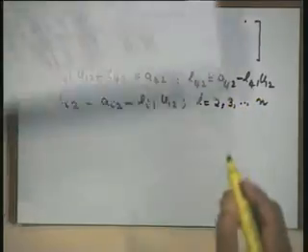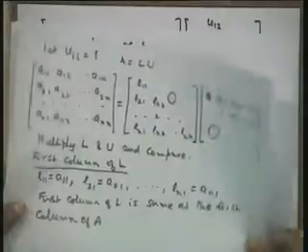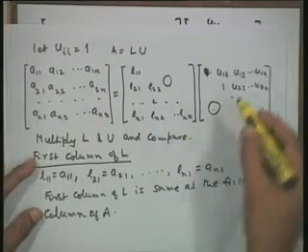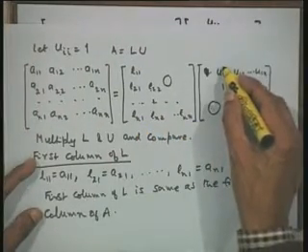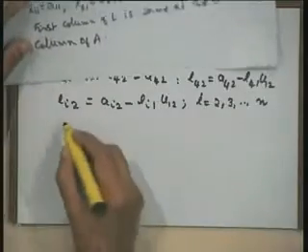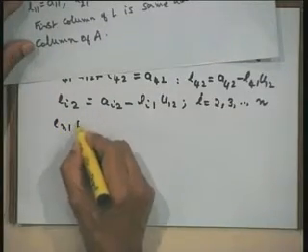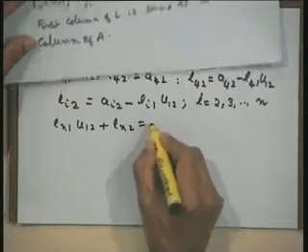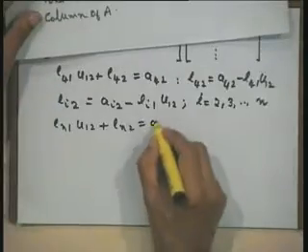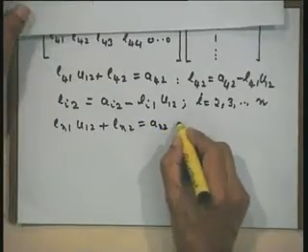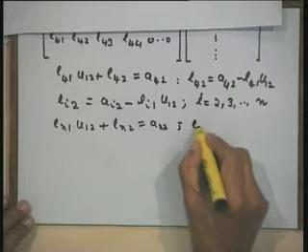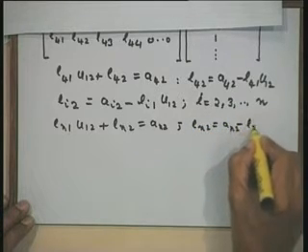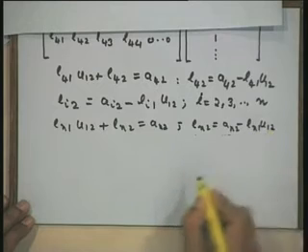Now, the last element of this column will be obtained by multiplying the last row of L into the second column of U. That means, we are talking of Ln1 U12 plus Ln2 is equal to the element An2. This gives me Ln2 is equal to An2 minus Ln1 U12.